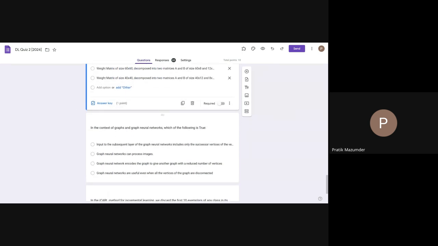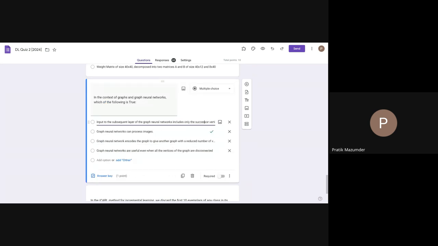Okay. Next question is, in the context of graph and graph neural networks, which of the following is true? Input to subsequent layers of graph neural networks only includes the successor vertices of the vertex processed by the current layer, which is not true because if you remember, we updated the representation of every node at every layer.